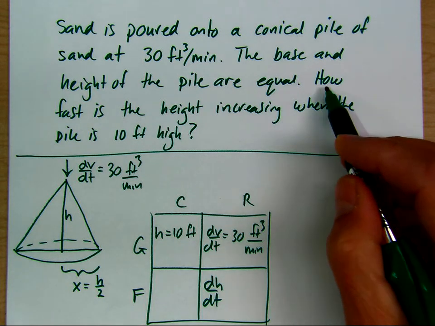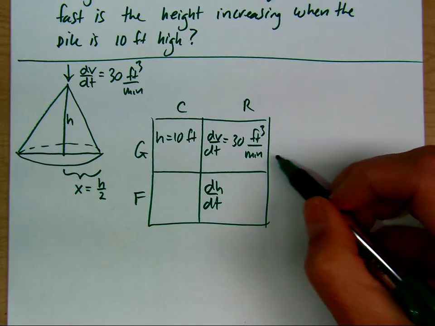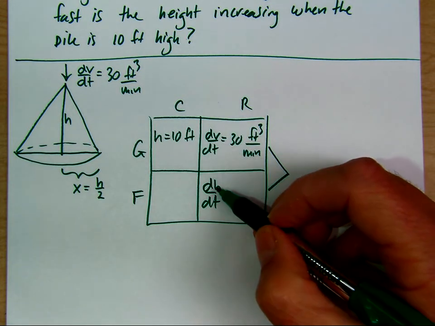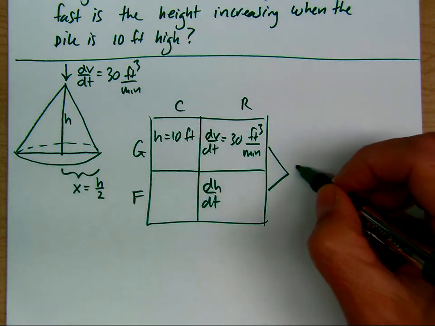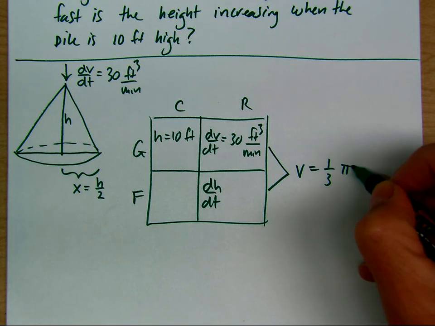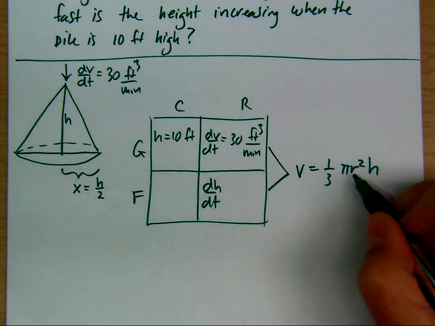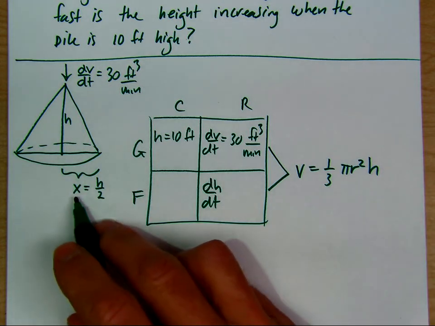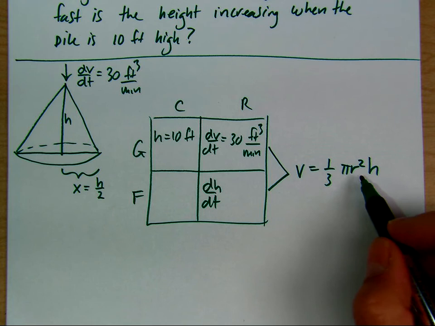How fast is the height increasing? So now we have a relation for volume and height of a cone. The volume of a cone is 1/3 pi r squared h. Now, we should call it the radius, but here it doesn't matter because we're just going to replace it with h squared. It would be nice not to have 3 variables, so why don't we just change that?